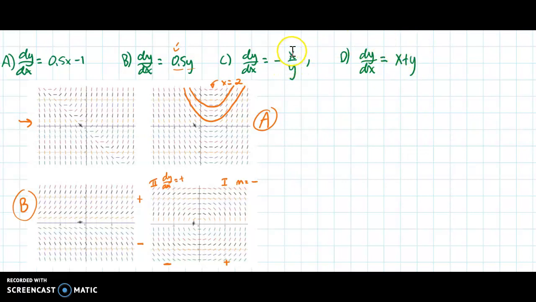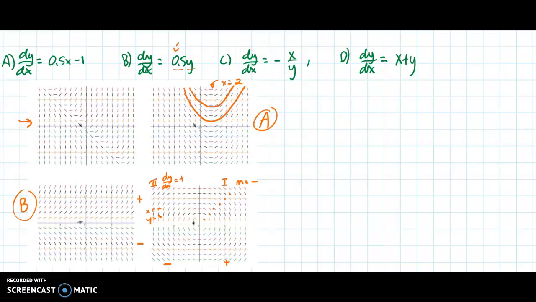So let's look at C. If I do a positive here and a positive there, then I do get a negative slope. And then that pattern will fit for all of these other ones. For example, let's come over here. Quadrant 2, that would be x negative and y equals positive. And if you plug that in here, then I get a positive slope. Similarly, look at this. I got a slope of -1, -1, -1, -1, -1, -1, -1.